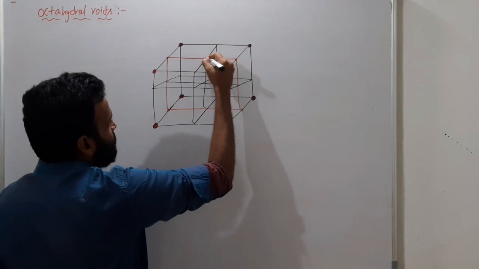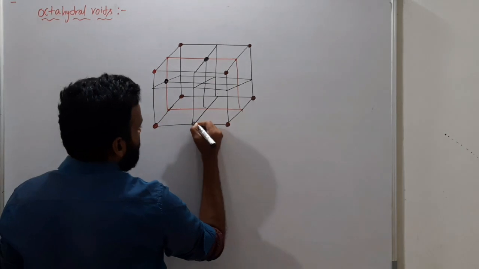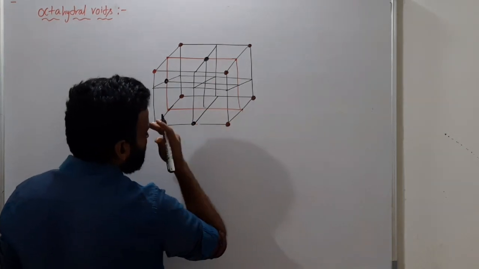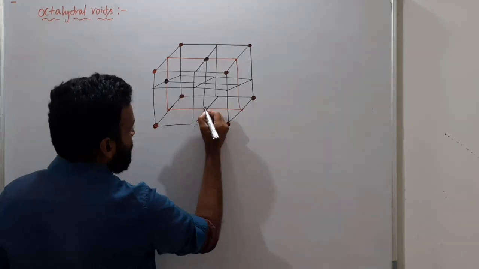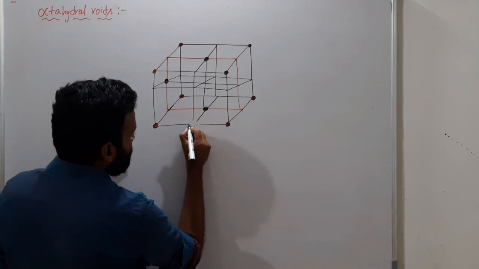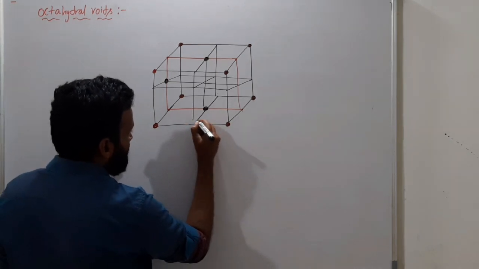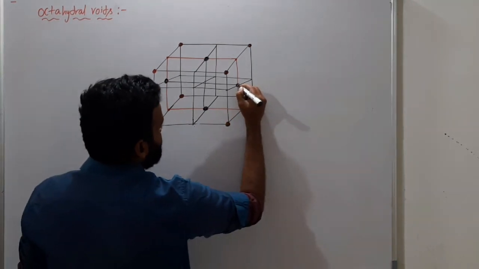So 1 and 2, 3. This will be an edge center, no? So this is not a face center. Here you have a face center atom.